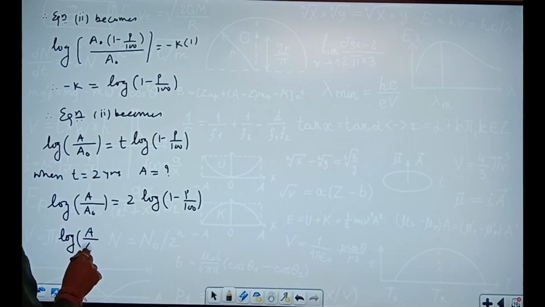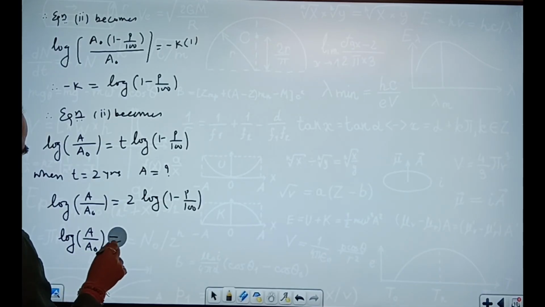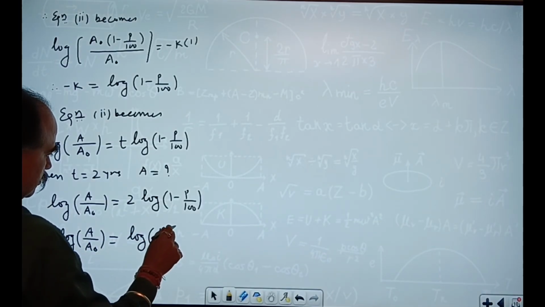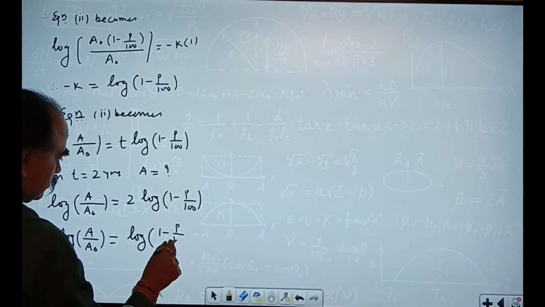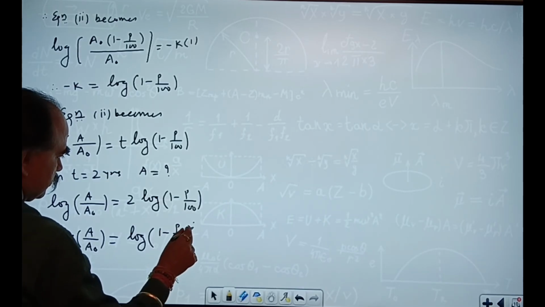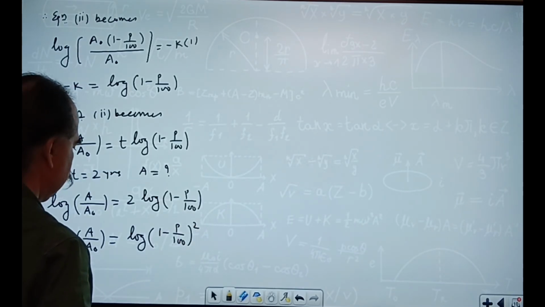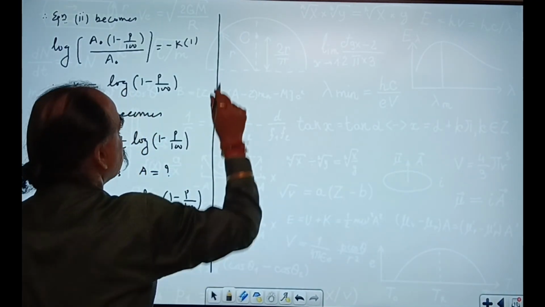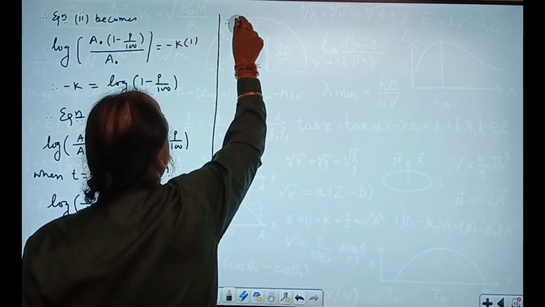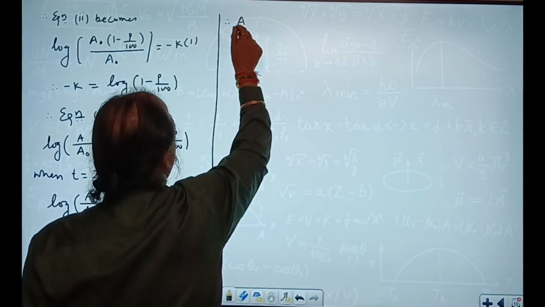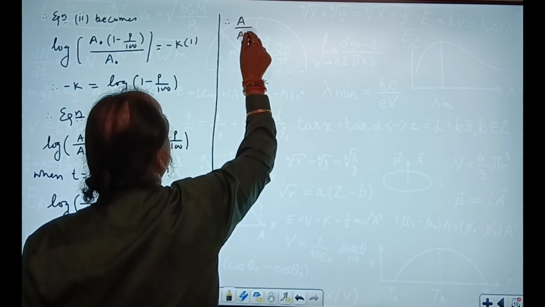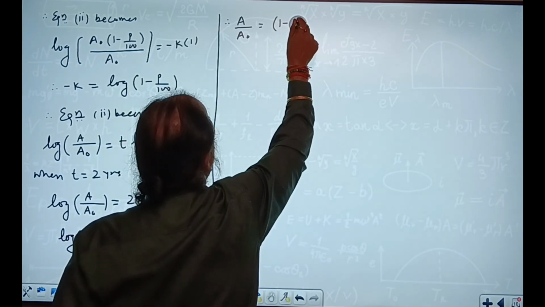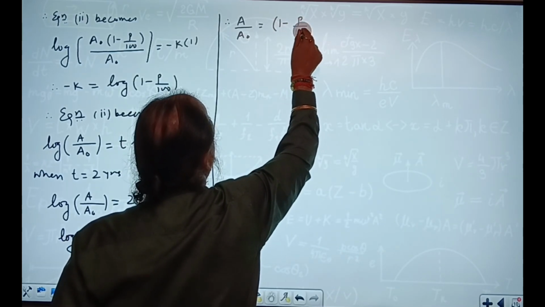A upon A0 is 1 minus P by 100 whole square.